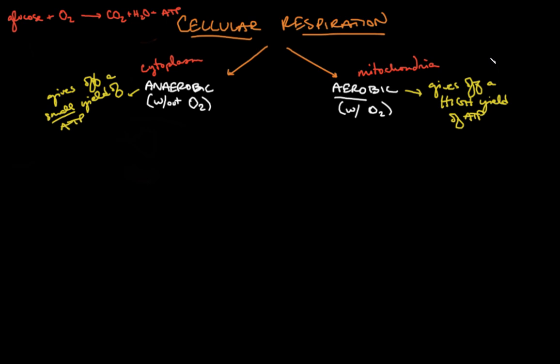So let me just clarify a little bit. So sometimes this can be thought of as part 1, and then this part in aerobic respiration has parts 2 and 3 that we're going to learn a little bit more about.